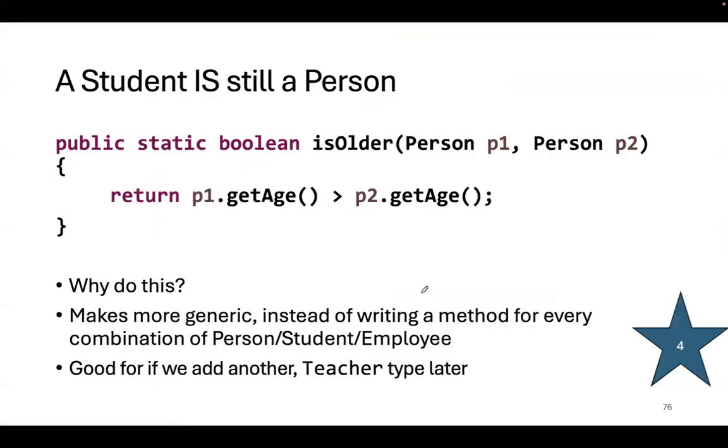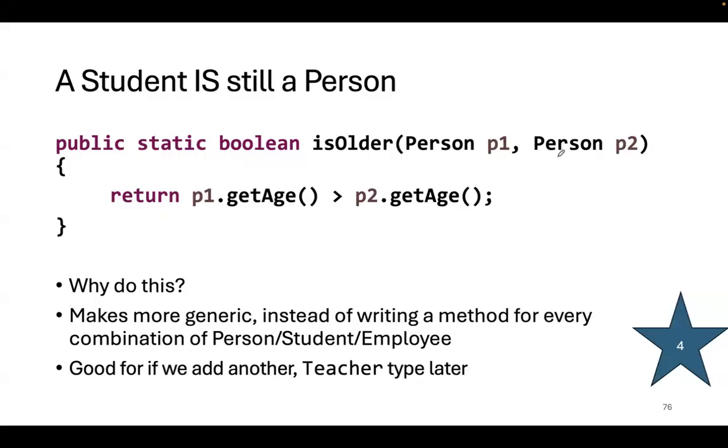So this is type compatibility, where we reduce the possibility for methods like a person. So person, that's fine. We don't need to make a person-student method or a student-employee method, as long as we're asking for something that all of these types have access to.